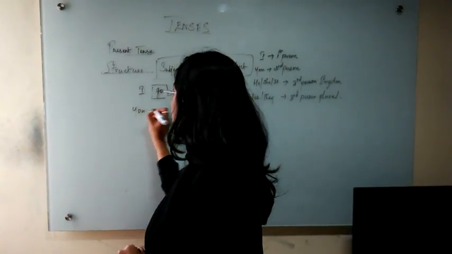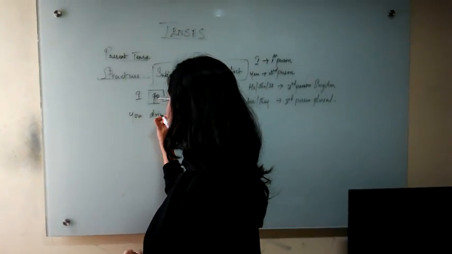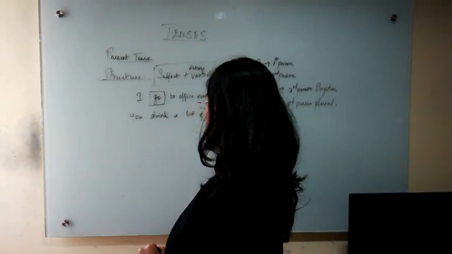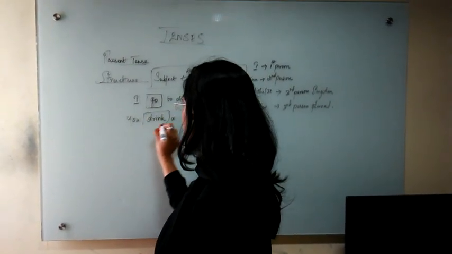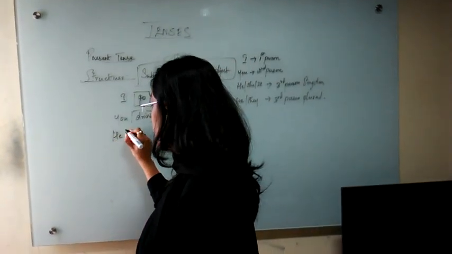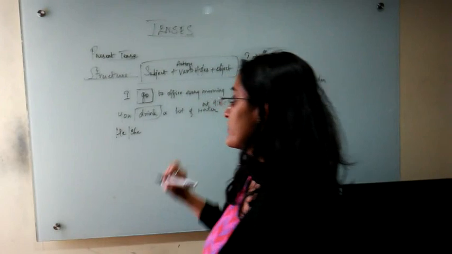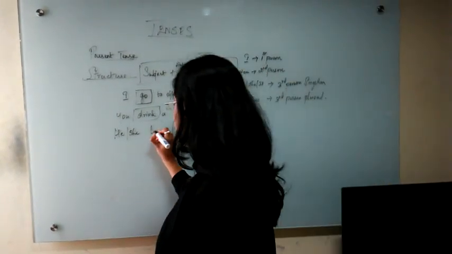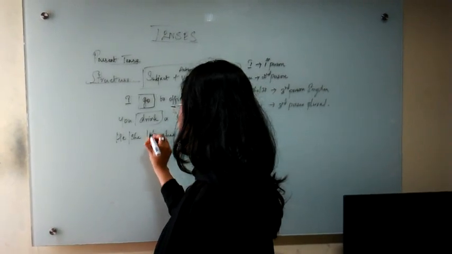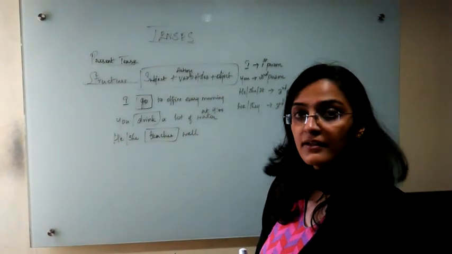Now coming to you. You drink a lot of water. That's a person's habit. When he or she comes, you always need to add an S or an ES. So he teaches well or she teaches well.